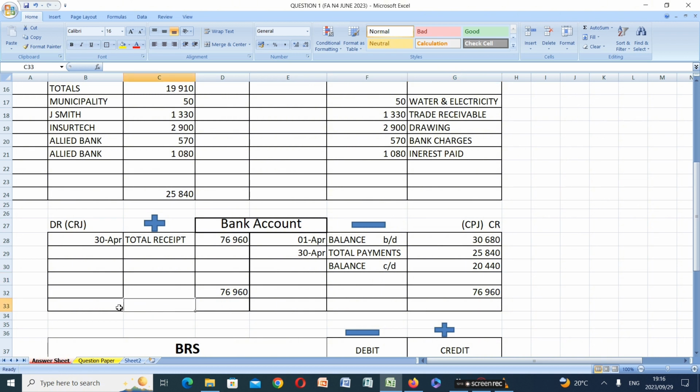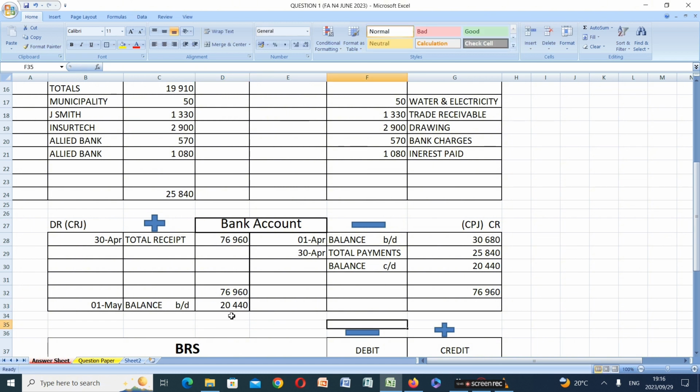So this amount is going to be on 1 May, balance brought down, which is 20,440.